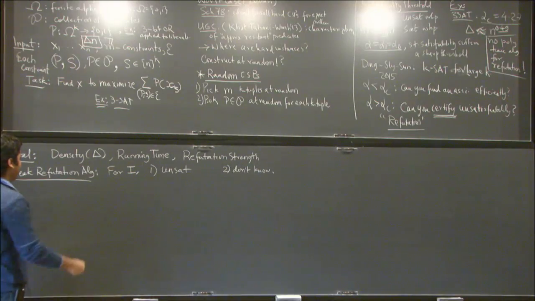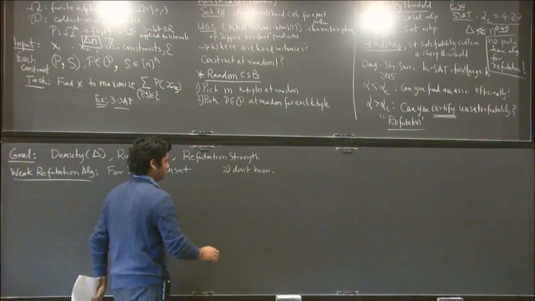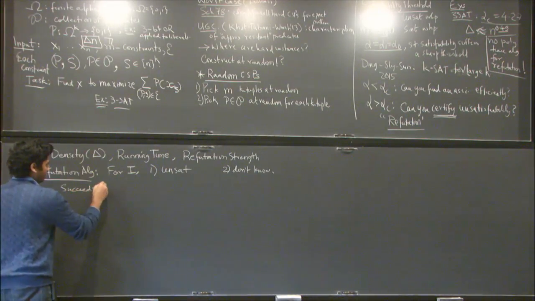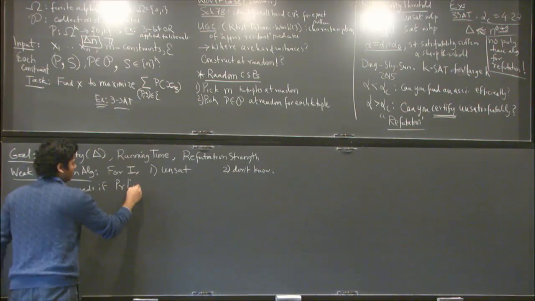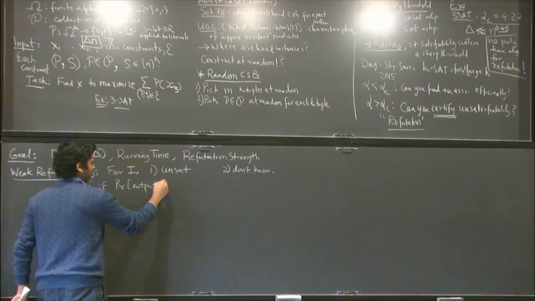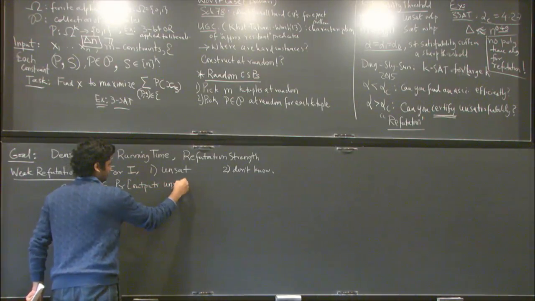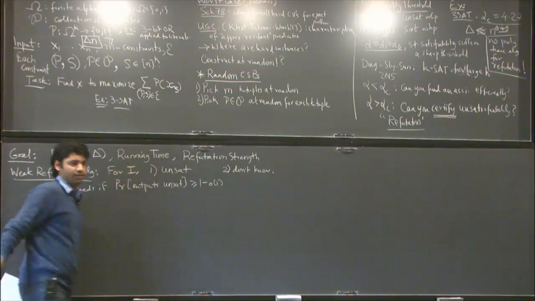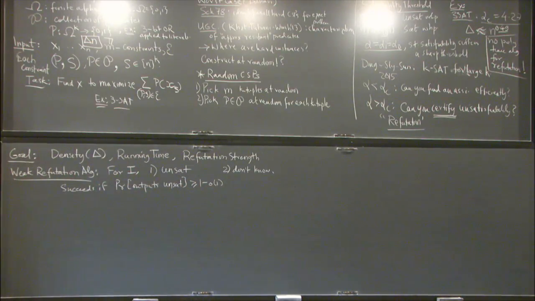We say that a weak refutation algorithm succeeds if the probability that it outputs unsatisfiable is 1 minus small o of 1, with respect to the number of variables.